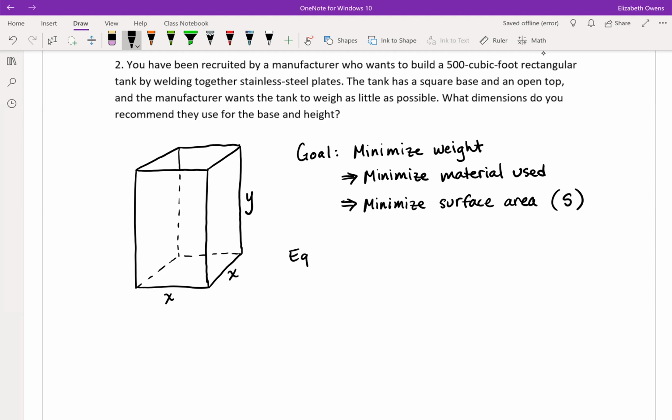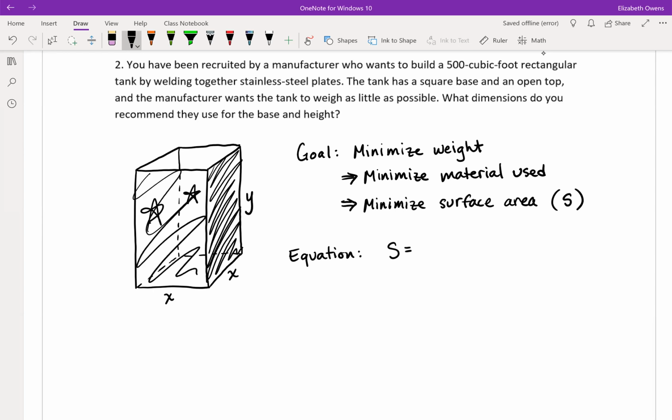And the equation for this, you have to do a little geometry here, bear with me. Our surface area is just going to be the areas of all the sides of this tank. Notice how we've got 4 of these vertical sides here, and each one has an area of x times y. So you have xy on that side, over here, in the back, and then the front side is really hard to draw.